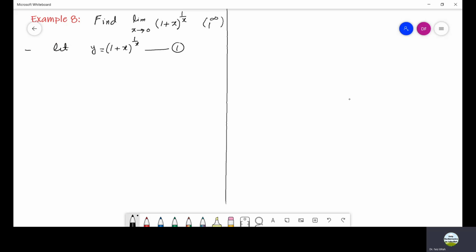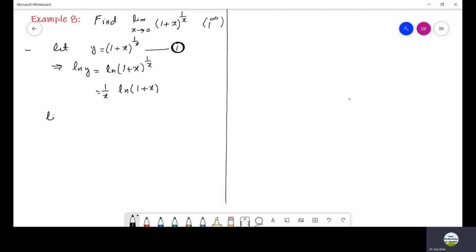Let us say this is 1. And now let us take log on both sides. So we have log y is equal to log of 1 plus x whole power 1 over x. Now, by the rules of logarithm, we can write this 1 over x into log of 1 plus x.